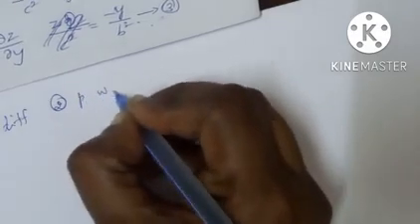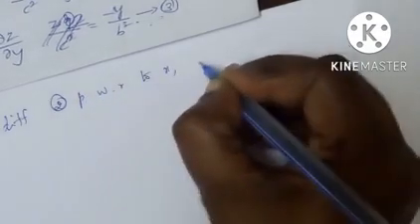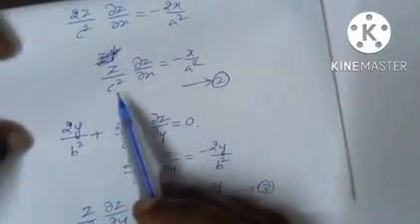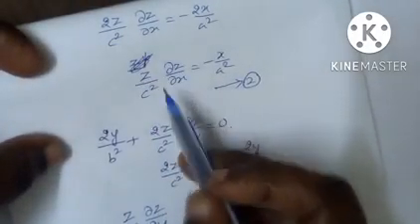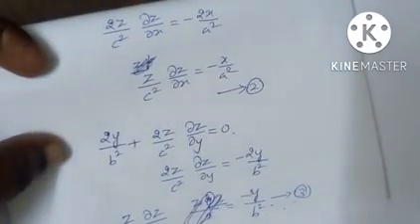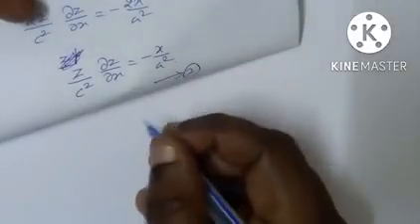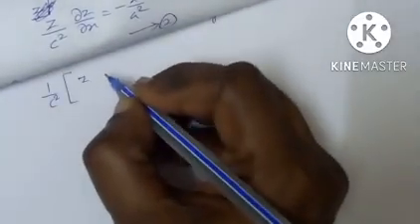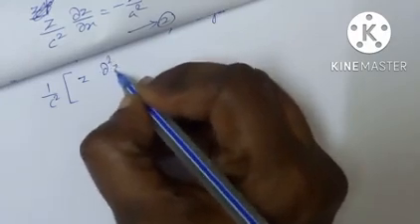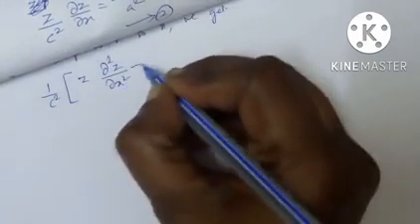Differentiate the second equation partially with respect to x. We get, this is our second equation. When you differentiate with respect to x, take 1 by c square outside. Keep z, differentiate dou z by dou x, which becomes dou square z by dou x square.